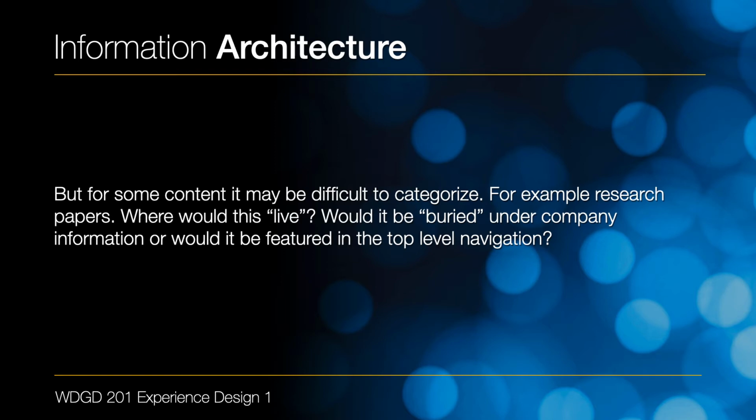For another company, it might be a secondary thing they do, and it would be buried under company information or something like that. So it really depends on the client and who they are and what they're trying to do, what they're trying to communicate, and how important this content is for them, for the public, the users to see it.